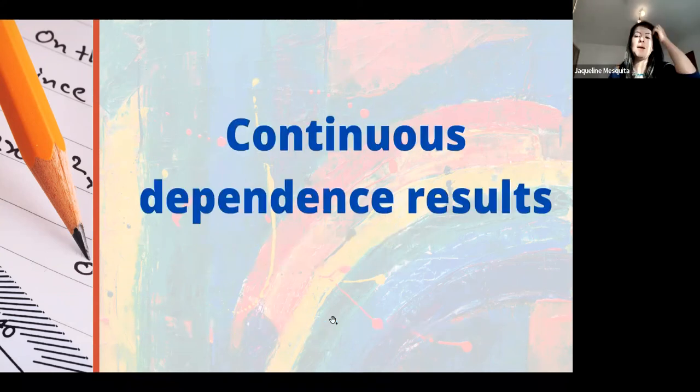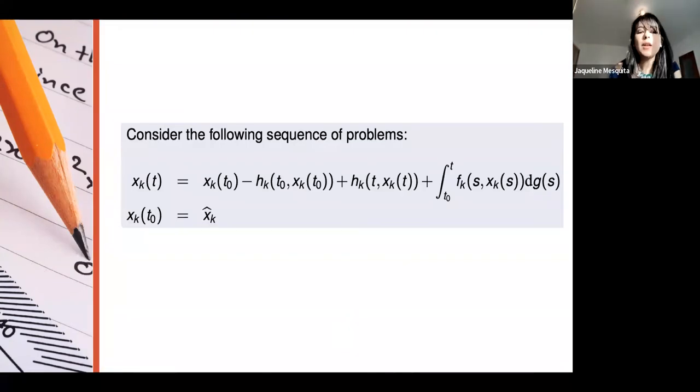So let's see the continuous dependence results. For that, we consider the following sequence of problems. So here we have these k problems. Also, we could consider this for the g. We didn't consider it here, but we could, and it would also be possible to prove it.